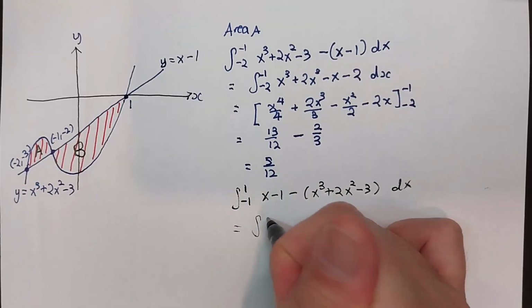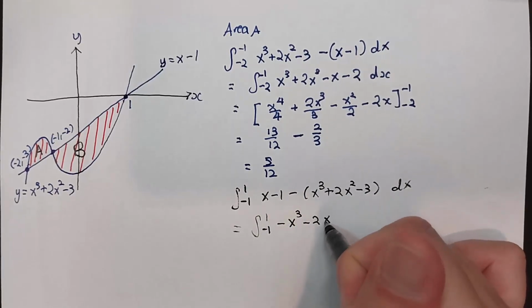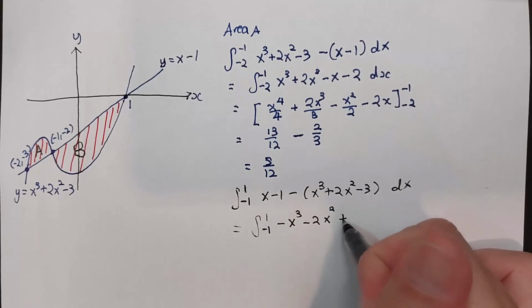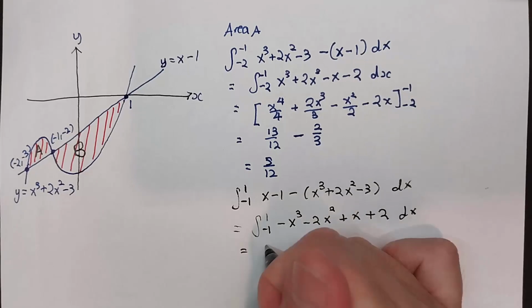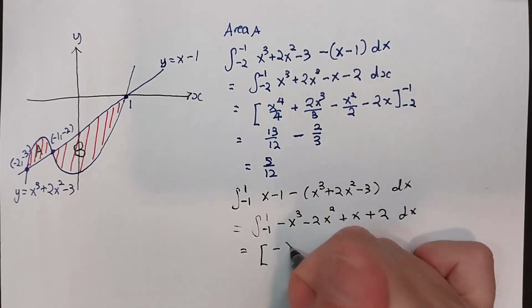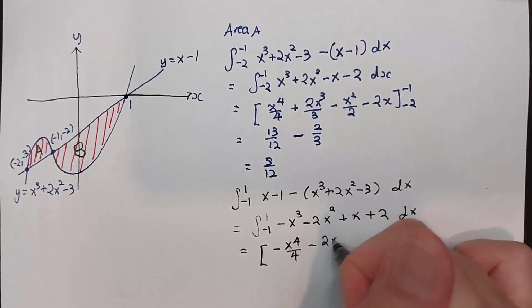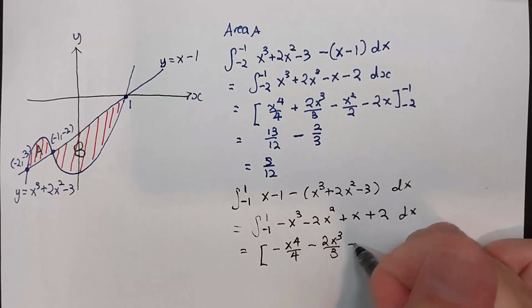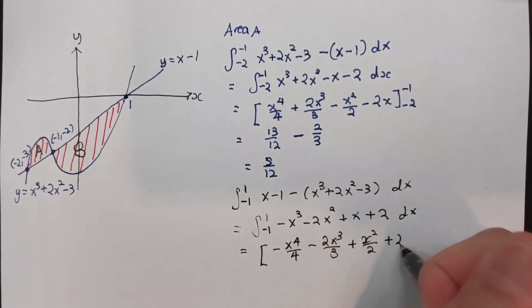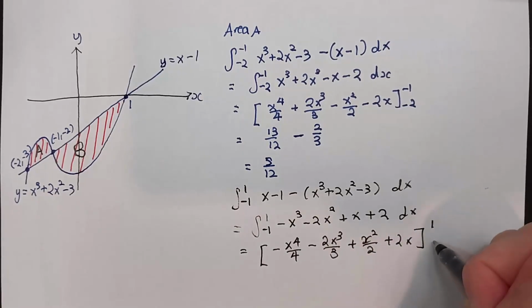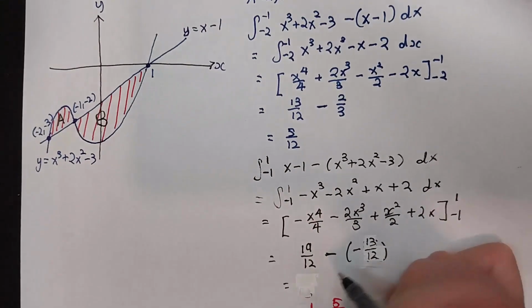Simplifying it, I will have −x³ − 2x² + x + 2. So if we integrate it, we'll get −x⁴/4 − 2x³/3 + x²/2 + 2x from 1 to −1, which will give us 8/3.